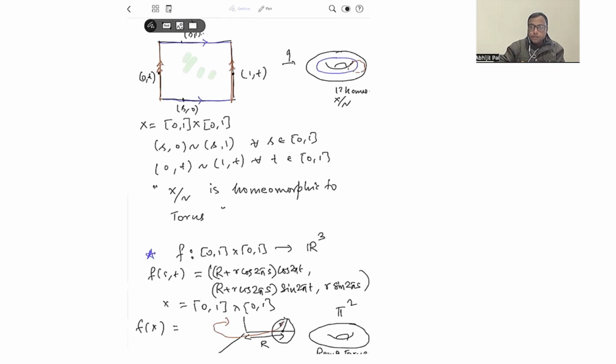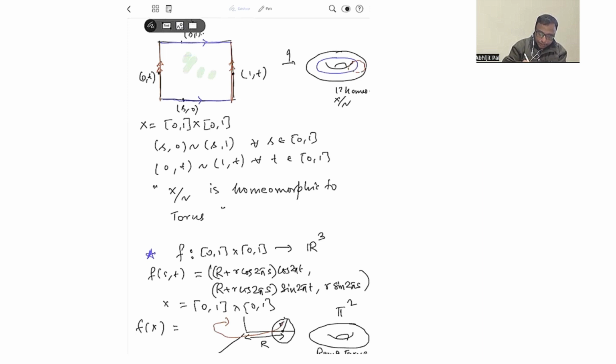Okay, for example, if I take this square and identify the opposite sides, the bottom side is identified with the upper side.